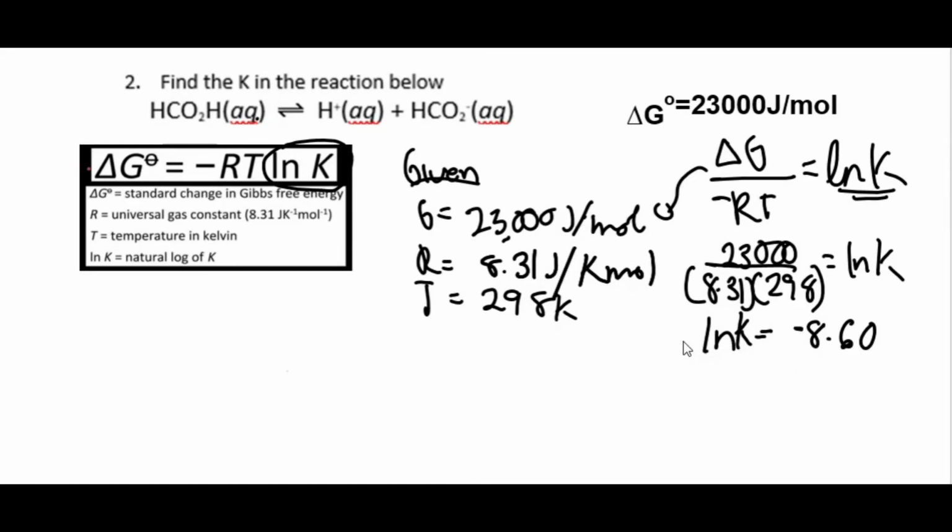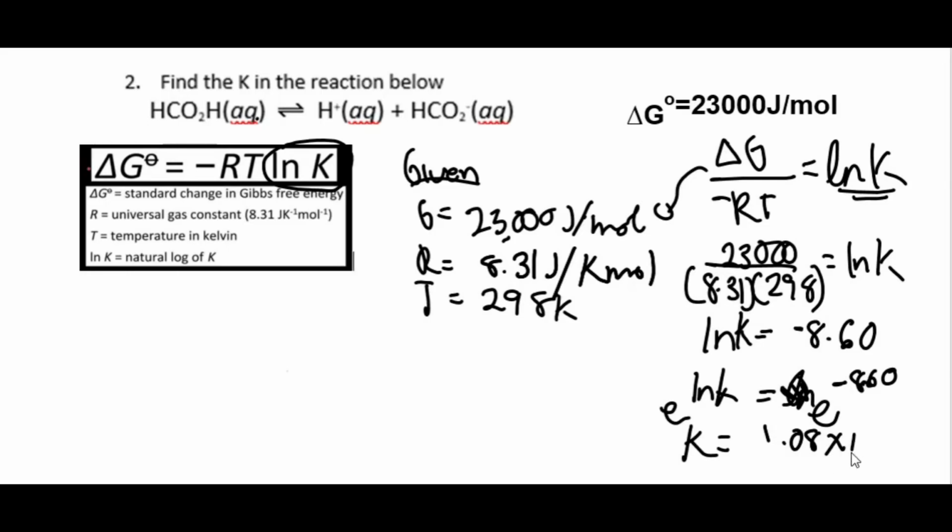We want to remove the ln, so to remove that we have to do the exponent, so it will be cancelled. So K equals 1.08 times 10 to the fourth. That would be our final answer.